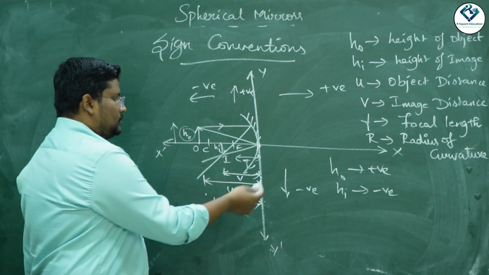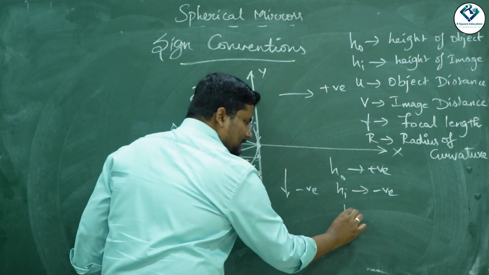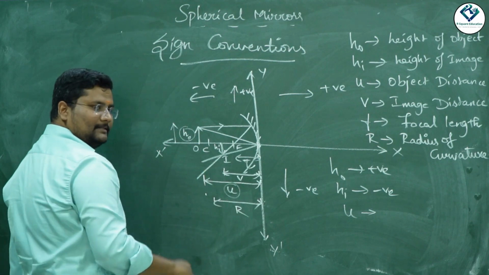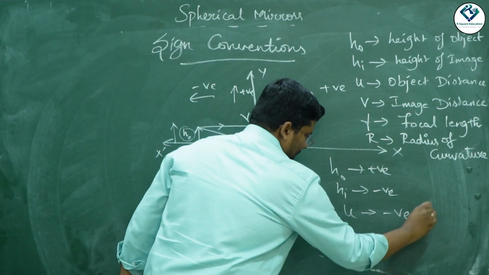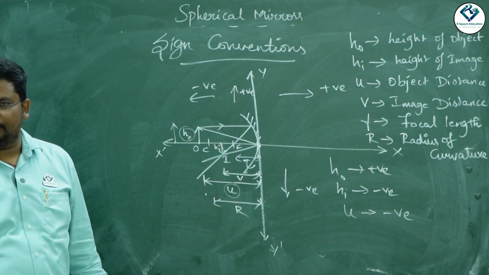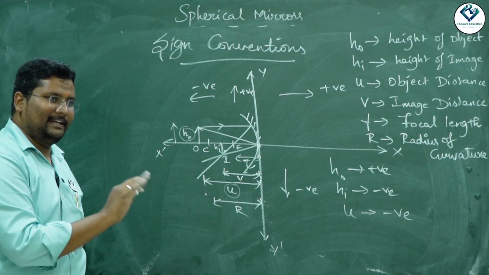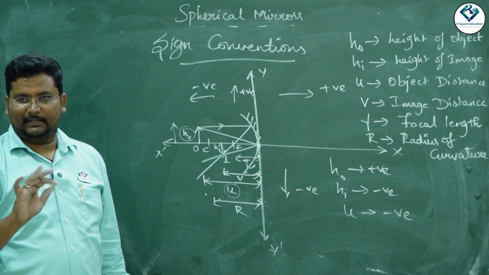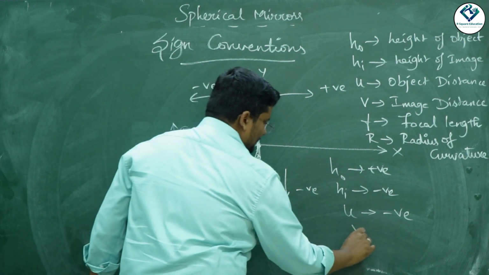Okay, right. So what will be the case for object distance? The object distance is along the negative axis in front of the mirror, so it is going to be negative. Object distance will always be negative irrespective of the kind of mirror or lens, because you are always going to place it on the negative x-axis, in front of the mirror or lens. How about the image distance now?